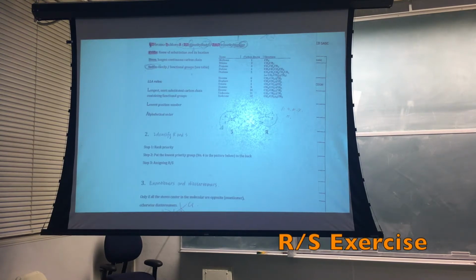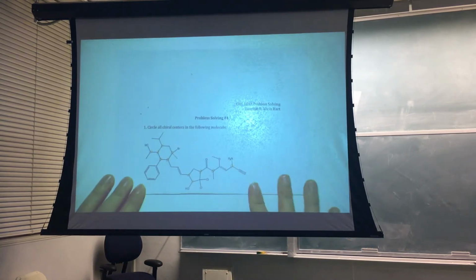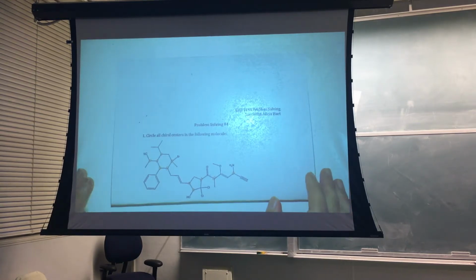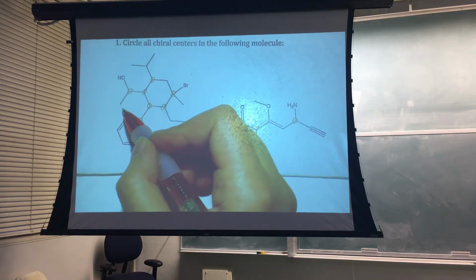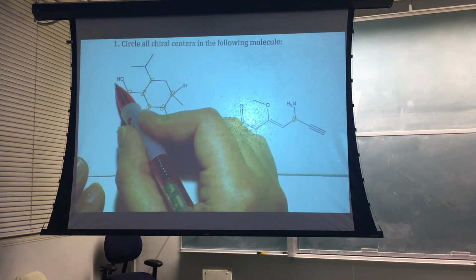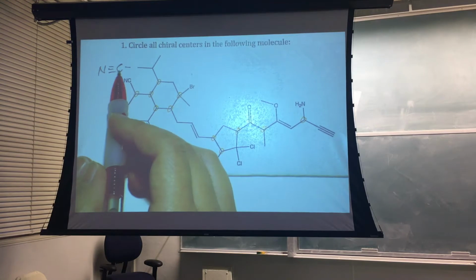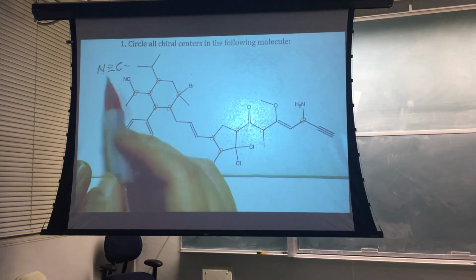So let's practice on that, and we're going to talk about enantiomers afterwards. On problem solving 4, you see the first question is to circle all the chiral centers. Because this one has 3 hydrogens, it has the same substituents, so it's not a chiral center. This one, carbon and nitrogen, is a cyano group. 3 carbons are connected to nitrogen, so definitely this one is not, because it has the same substituents.